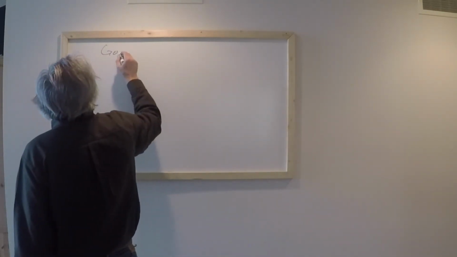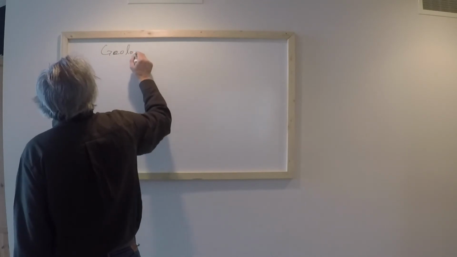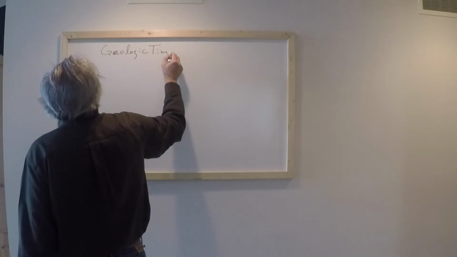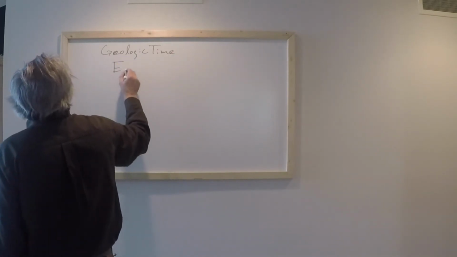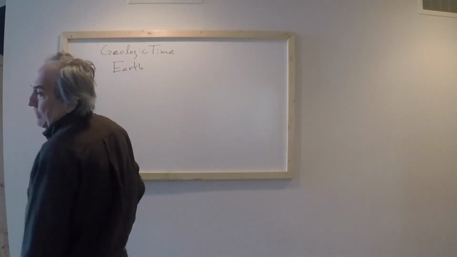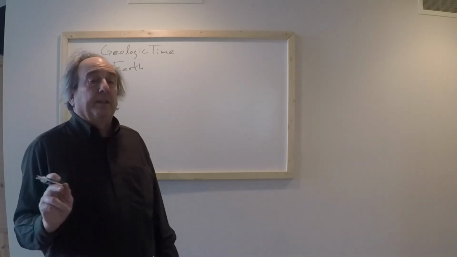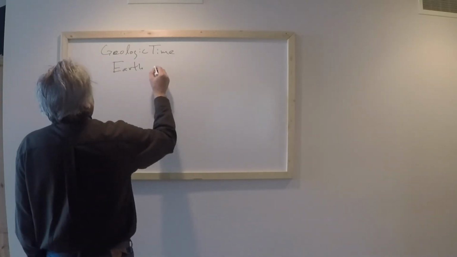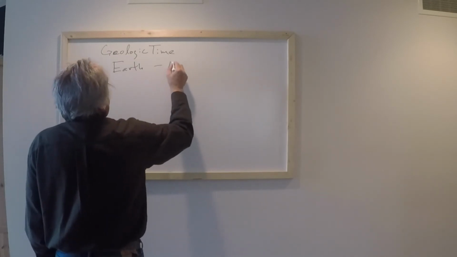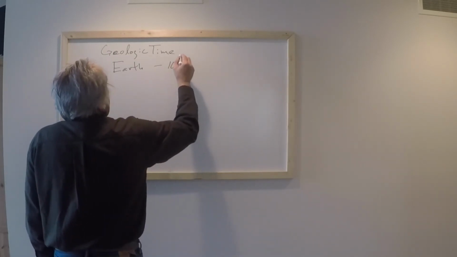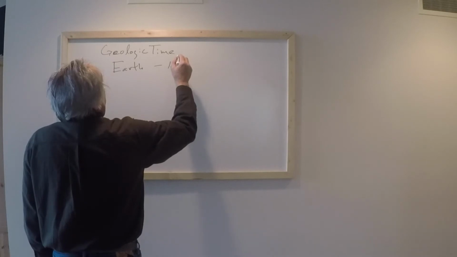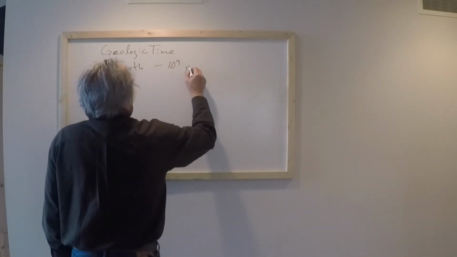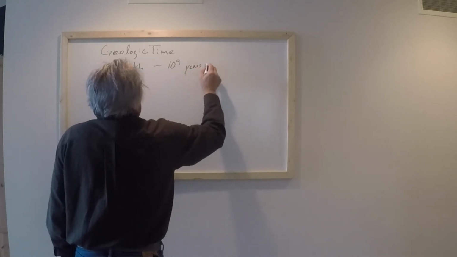Geologic time. Earth, and I'm going to show you lots of pictures of these things. Earth is on the order of 10 to the, a million is 6, billion is 9, years old.